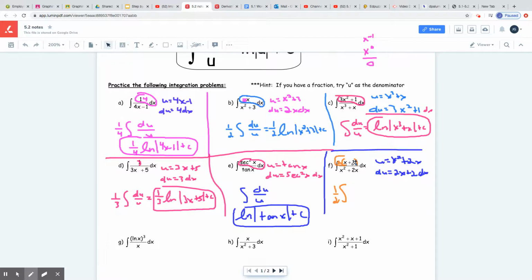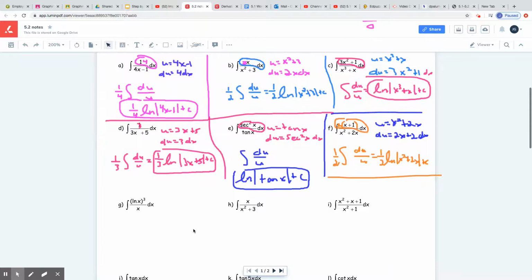Now, that is my du over u, and that's going to give me 1/2 natural log of, what's u, x squared plus 2x plus c. So there's my answer.